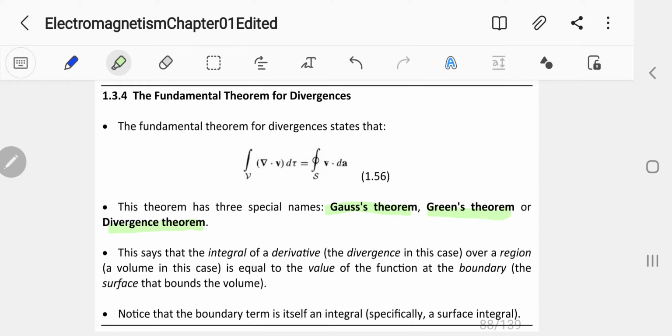This says that the integral of a derivative, divergence in this particular case, over a region, which is the volume, is equal to the value of the function at the boundary, the surface that bounds the volume. So you have a volume integral. You can convert it into a surface integral, where the surface must bound or must cover the volume.